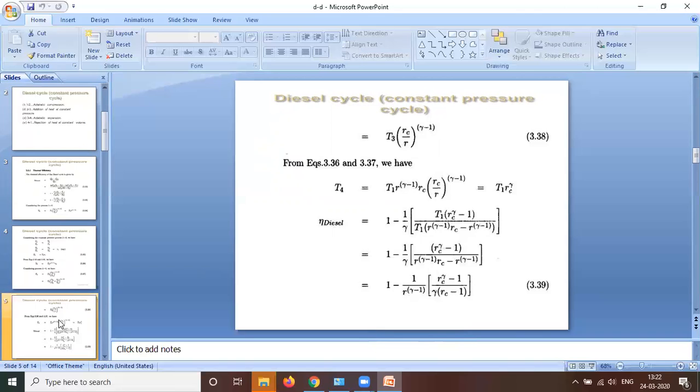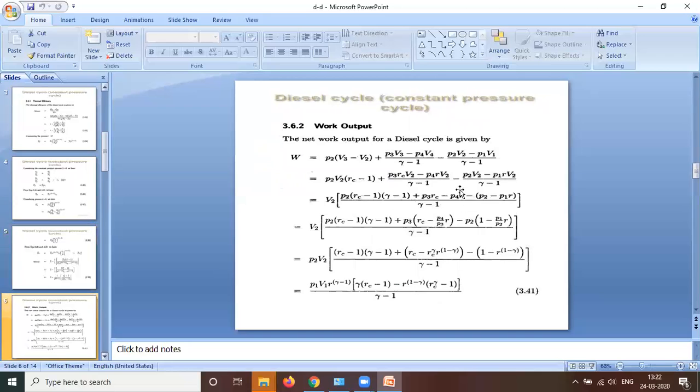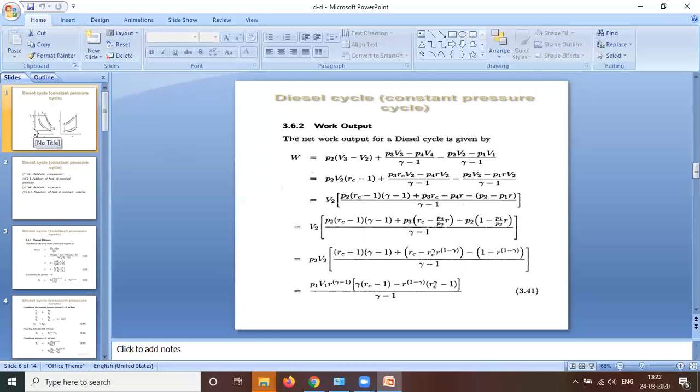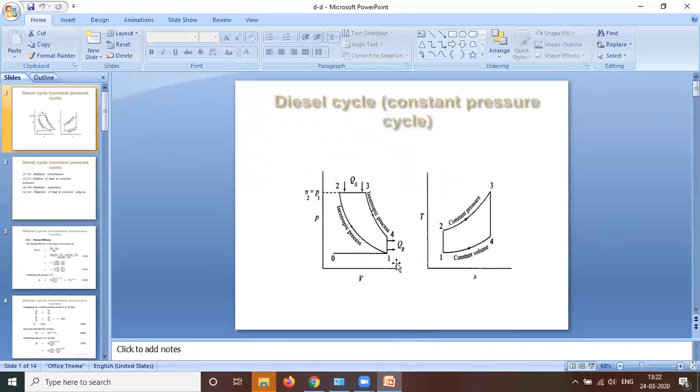In the next slide, we discuss the work output of a diesel engine. What will be the work output of a diesel engine? Now we are moving to the diagram. In the diagram, there are four processes. Process 1-2 is isentropic.